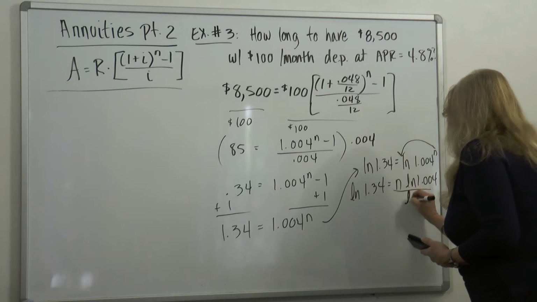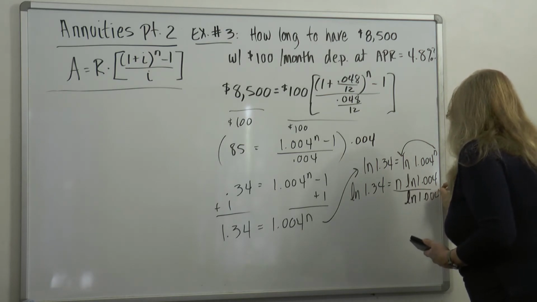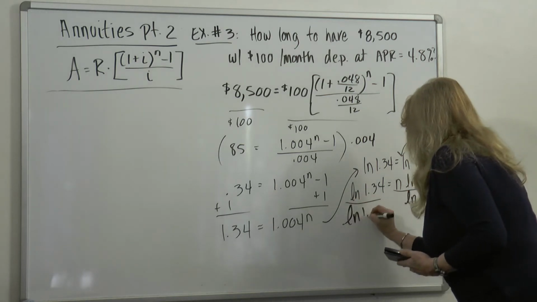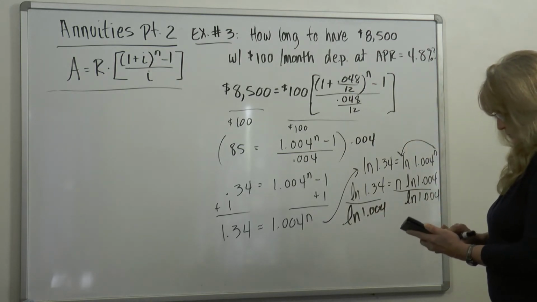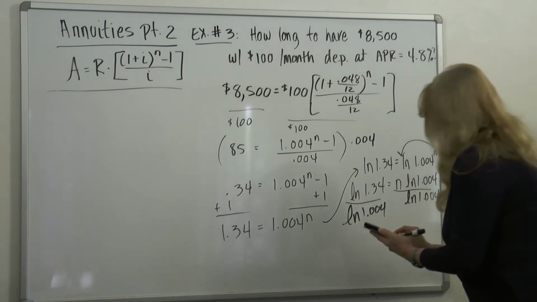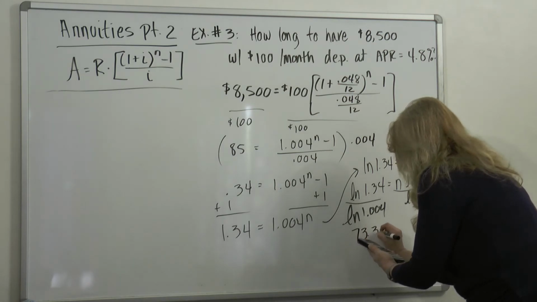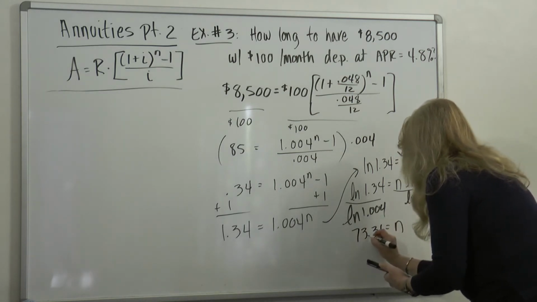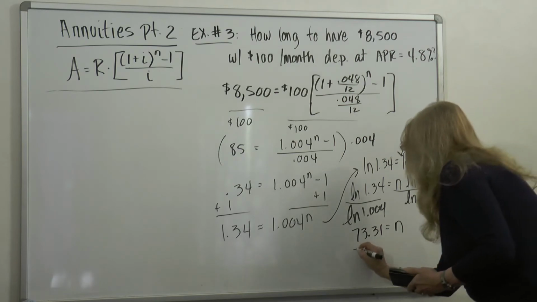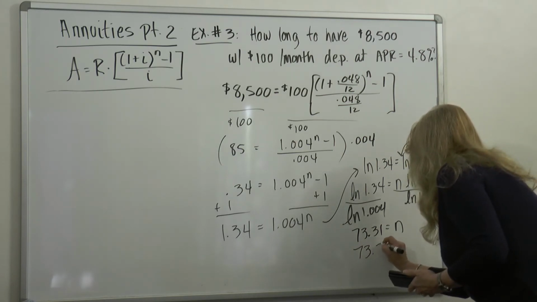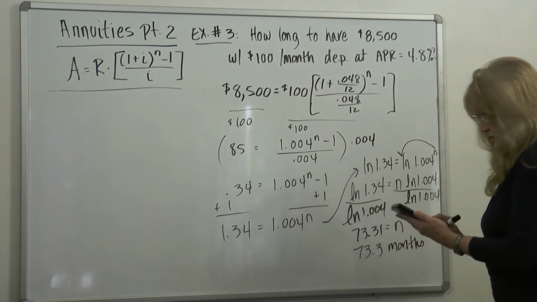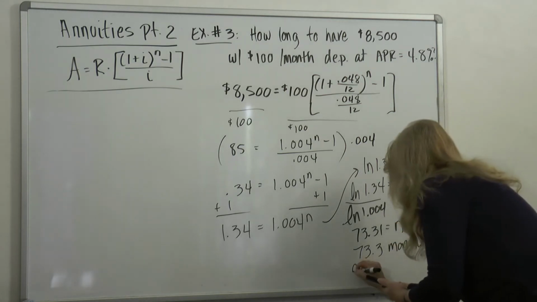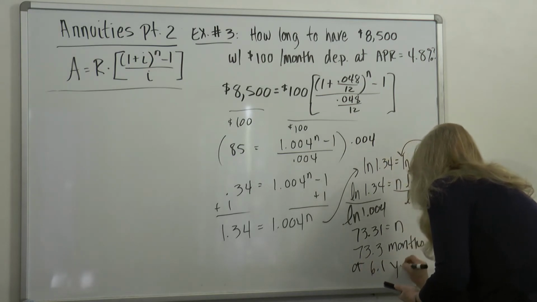Then divide both sides by the natural log of 1.004. Okay, 73.31 equals N. So that is going to be 73.3, we'll say, months. If you want to, you can divide by 12, and you'll get 6.1 years. Either one.